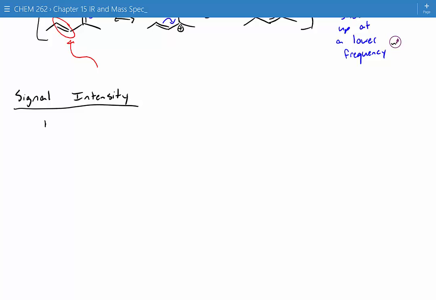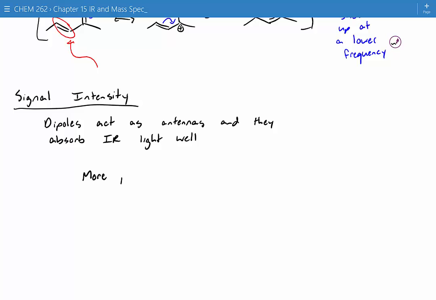The reason it's useful is that dipoles actually act like little antennas, and they absorb IR light really well. So going along with this, more polar bonds are more intense. That's really the take-home picture.